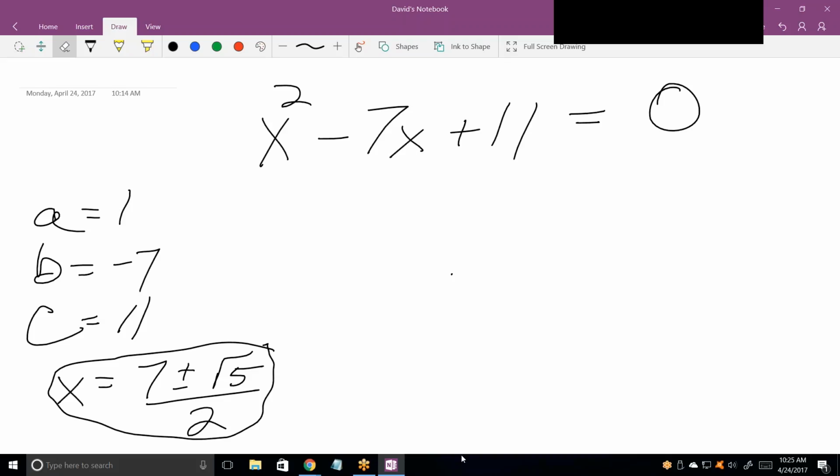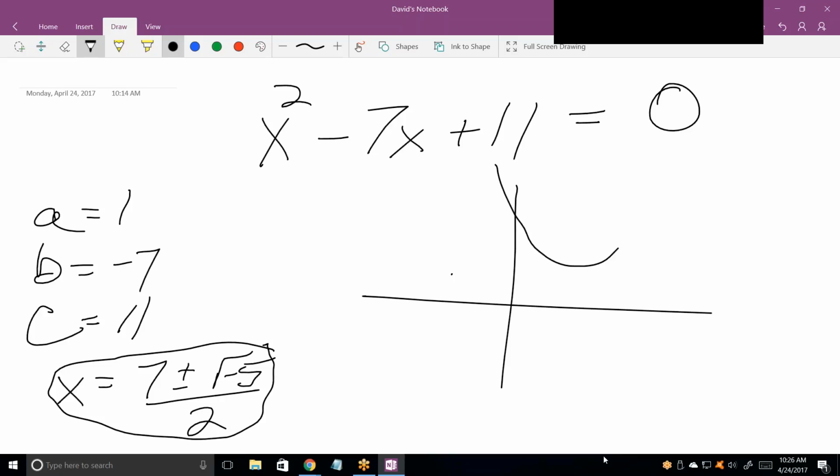Now, if this number here is negative, in other words, if that was a -5, then I only have 2 imaginary solutions, 2 complex solutions. And they do not cross the x-axis, so there are really no zeros.